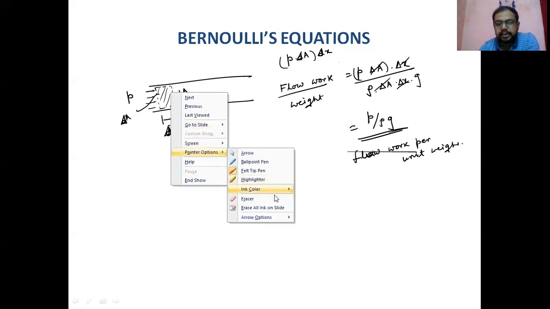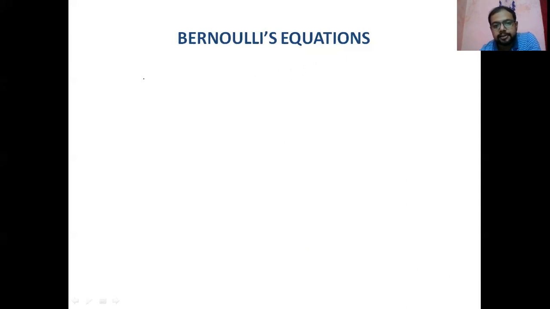So what is the equation? We are writing it here. The pressure head term is coming to create the flow. So pressure head is flow work per unit weight, plus kinetic head, kinetic energy per unit weight, plus potential head.